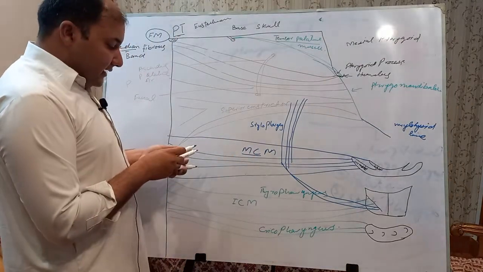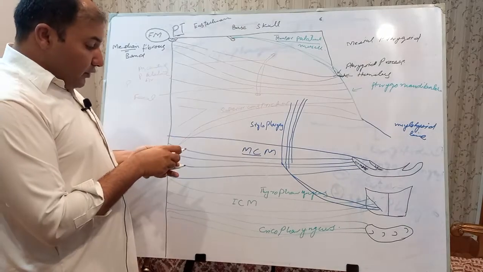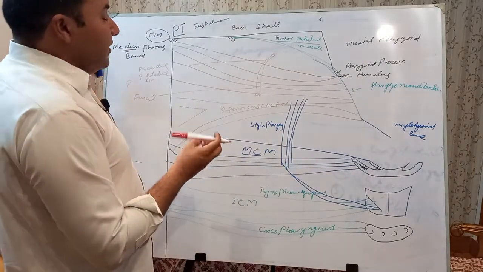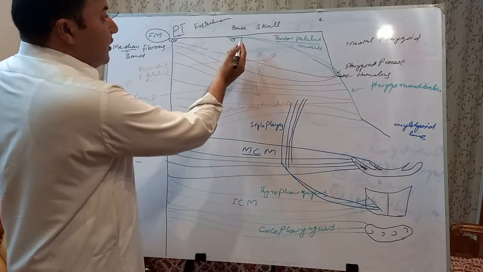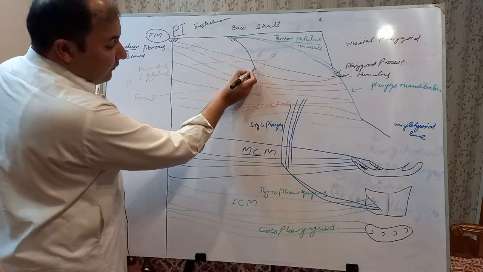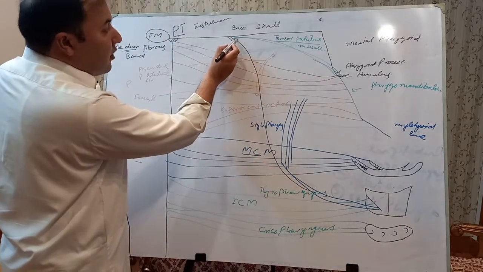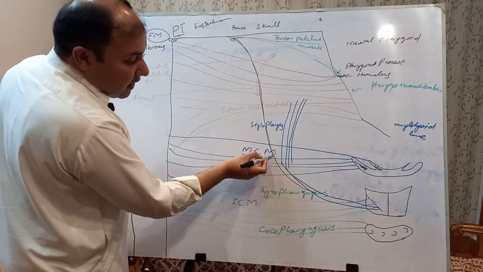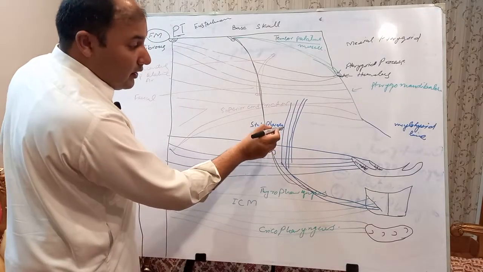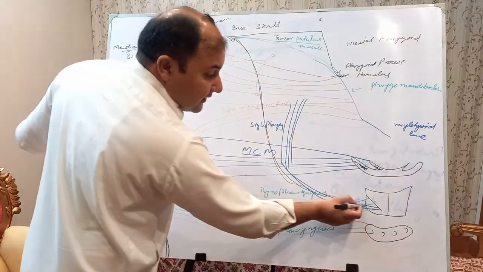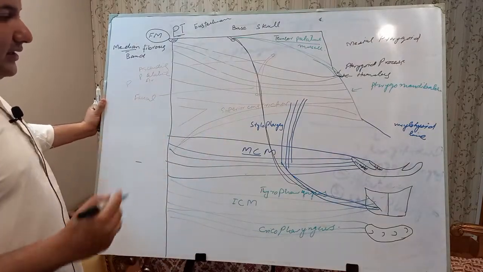Another muscle right here is called the salpingopharyngeus muscle. The fibers of the salpingopharyngeus muscle originate from the Eustachian tube, go down and unite with the fibers of the stylopharyngeus muscle, and are inserted on the posterior border of the thyroid cartilage.